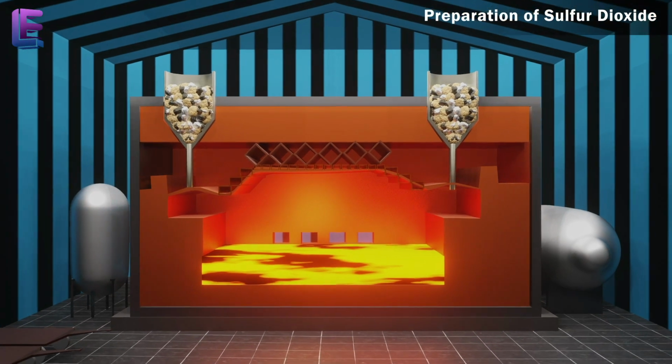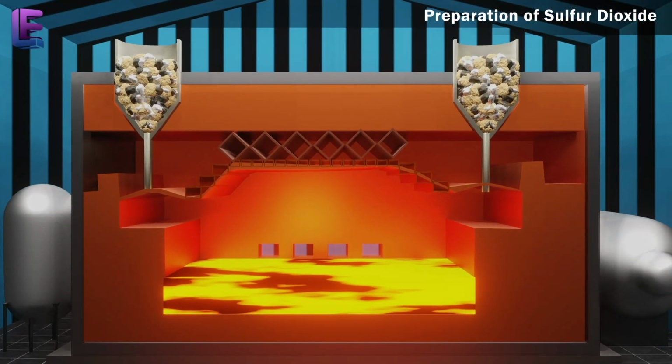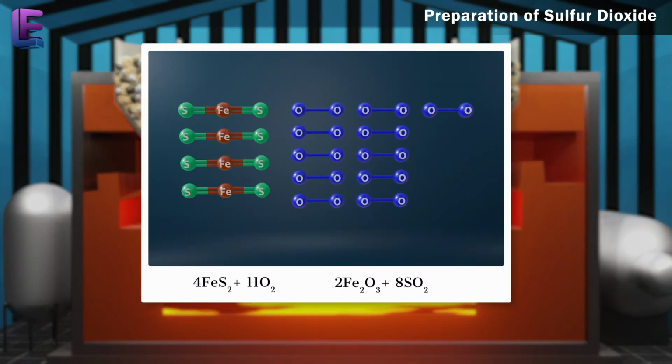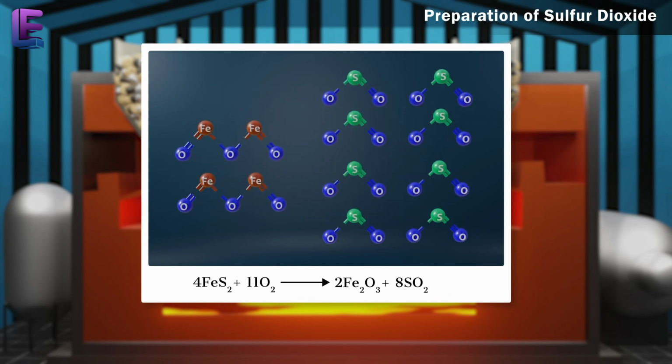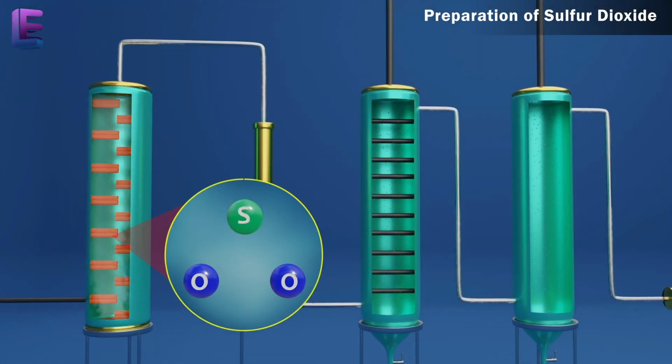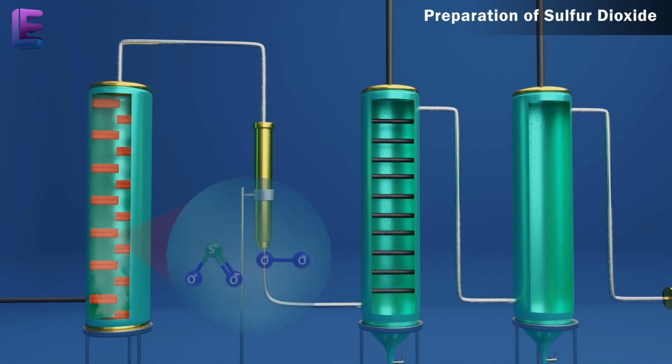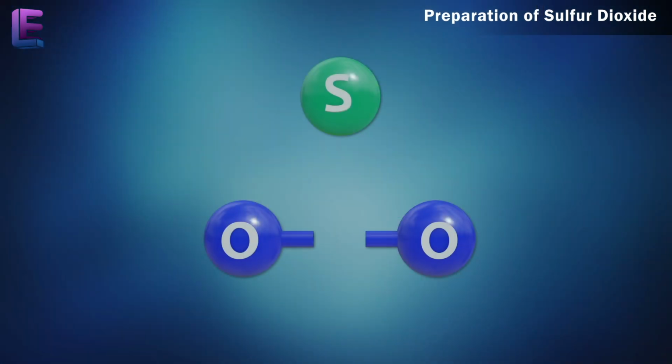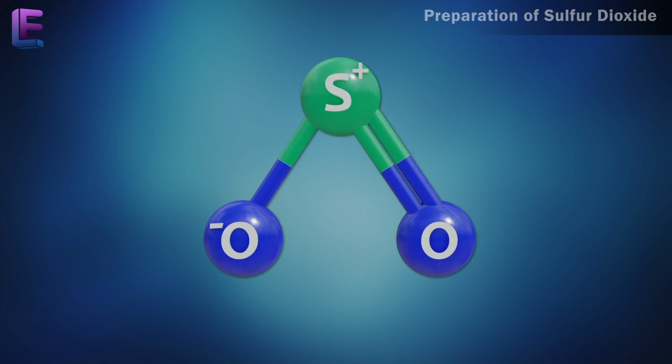Industrially, it is produced as a byproduct of the roasting of sulfide ores. 4FeS2 plus 11O2 gives rise to 2Fe2O3 plus 8SO2. Sulfur dioxide is formed together with a little sulfur trioxide when sulfur is burned in air or oxygen. SO2 plus O2 gives rise to SO3.